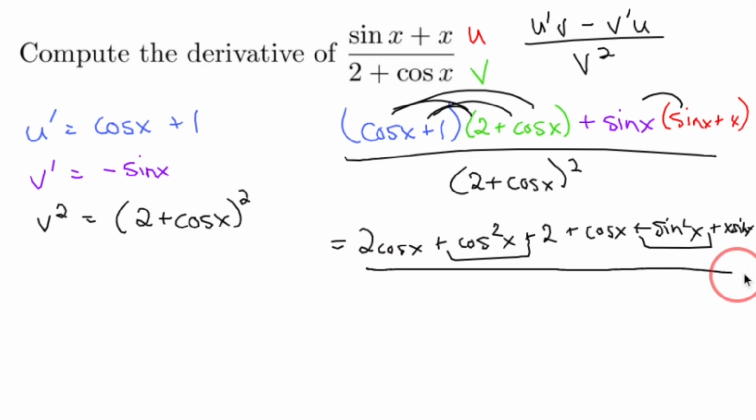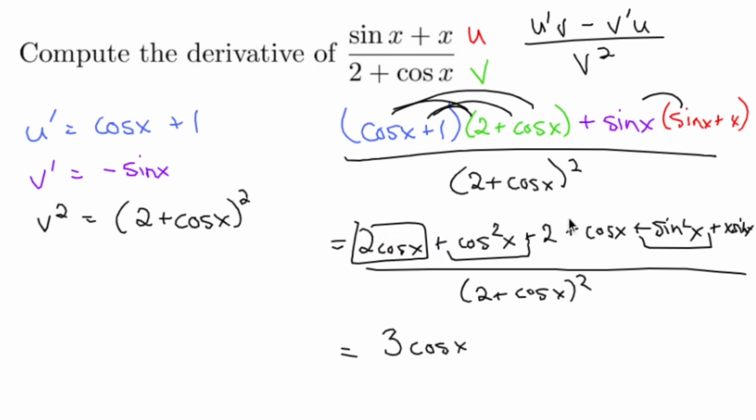So after I put all of that over 2 plus cos x squared, I can say 2 cos x plus cos x, which is actually 3 cos x, plus cos x squared plus sine x squared, which is 1.